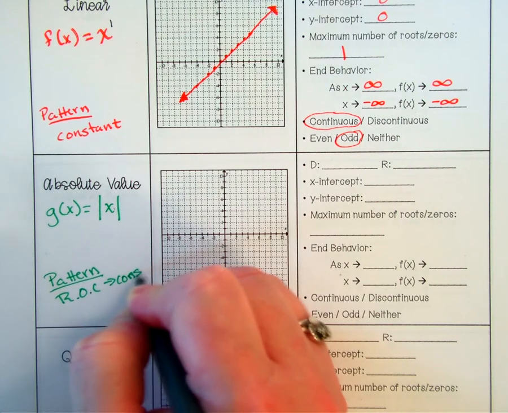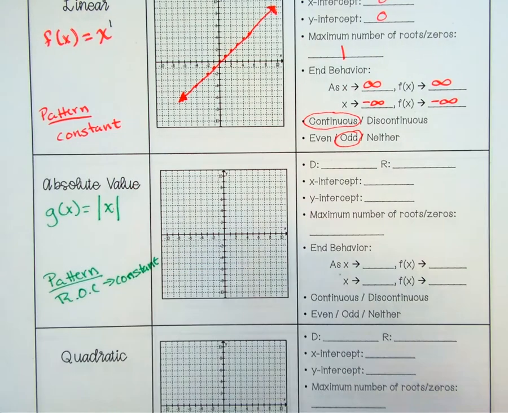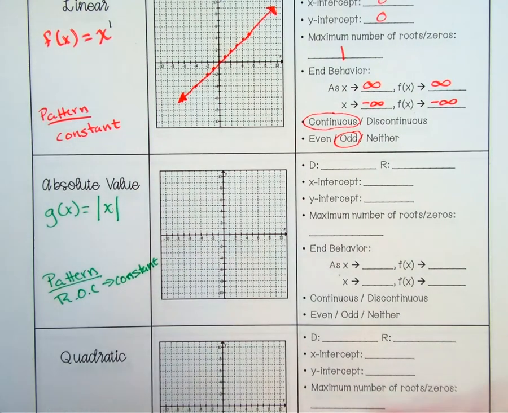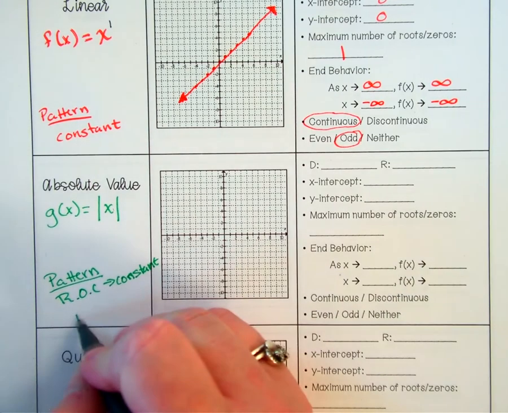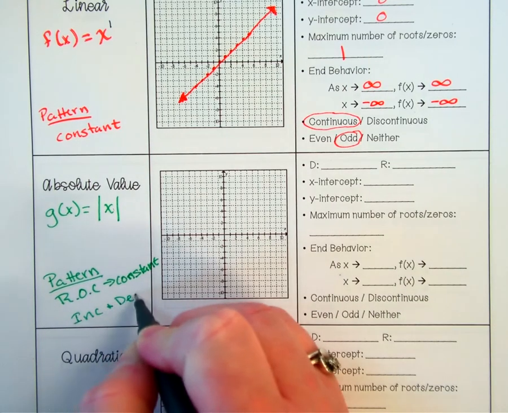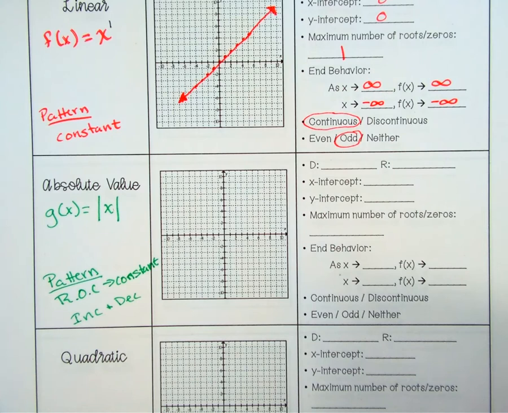It's still going to increase or decrease by the same number. It's just it changes. It does both increasing and decreasing, whereas our linear function did not. Linear was just purely increasing for our parent function, although we can have some that are purely decreasing. Either way, it was constant, always just one of them increasing or decreasing.